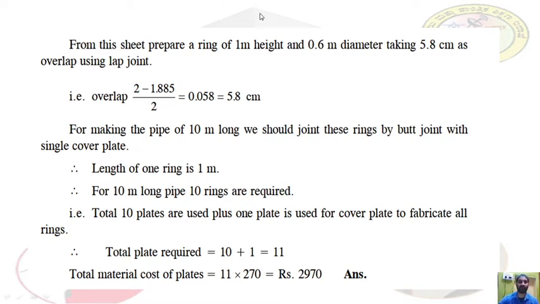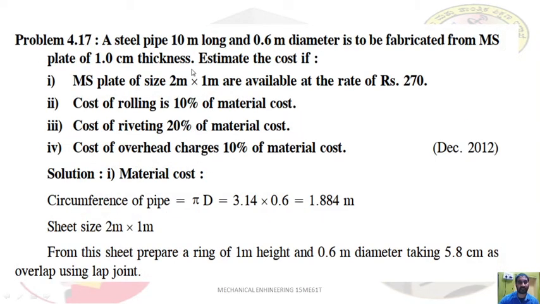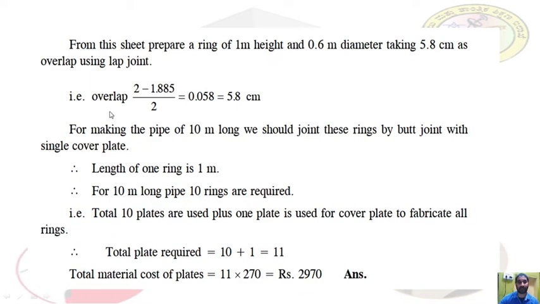So this 2 meter will be suitable for preparing this diameter. The remaining, divided by 2, is 0.058 on both sides, which will be used for making the lap joint.